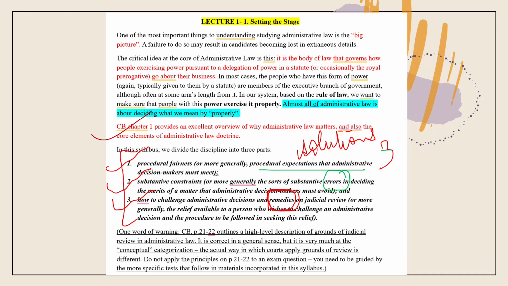So this is how you have to attempt your answer. Intro, then this will be your first step, second, third, and then conclusion. That's it. So admin law I personally feel is one of the easiest subjects. Only your approach should be right. So I will explain all these things one by one today.